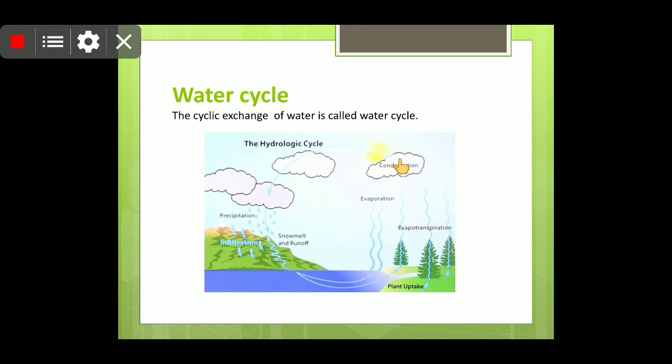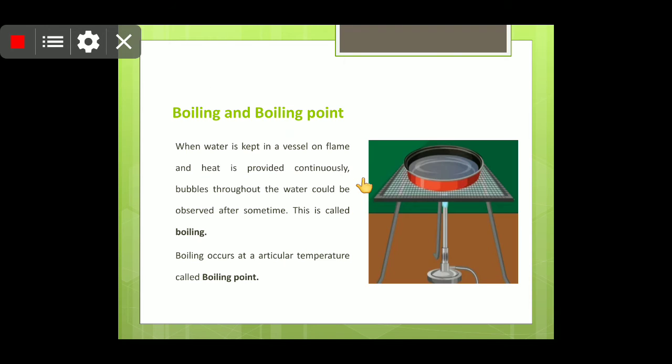As you can see here, evaporation: as you know, the surface water, beta, when it comes in contact with the sun, it will slowly start to evaporate. And this process also takes place in plants in the form of transpiration. Then they will go up, gather, and form clouds.